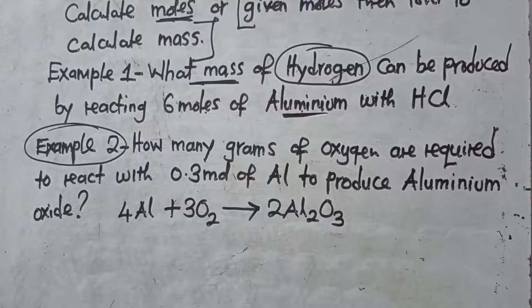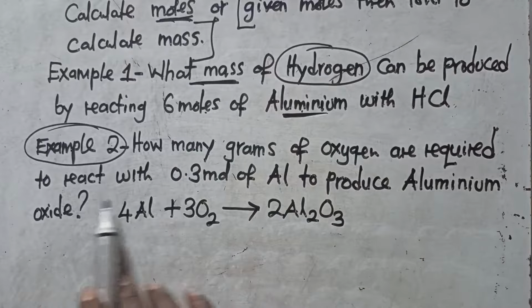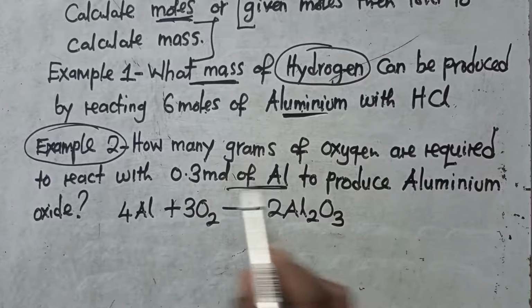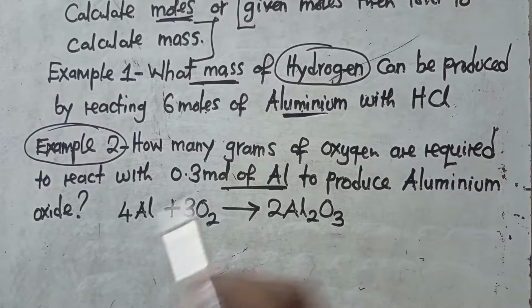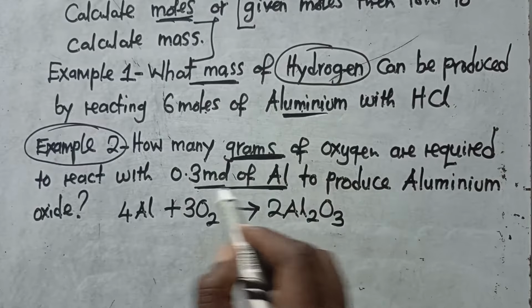Make sure you write down this question. How many grams of oxygen are required to react with 0.3 moles of aluminium? Have you seen how you are given the moles?